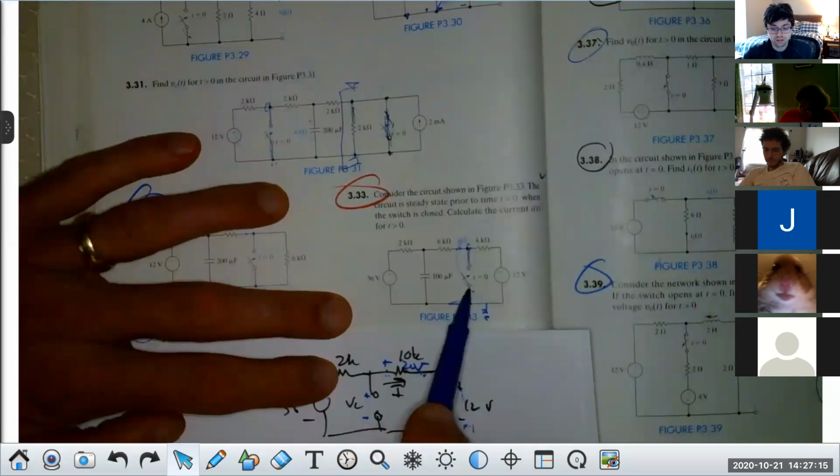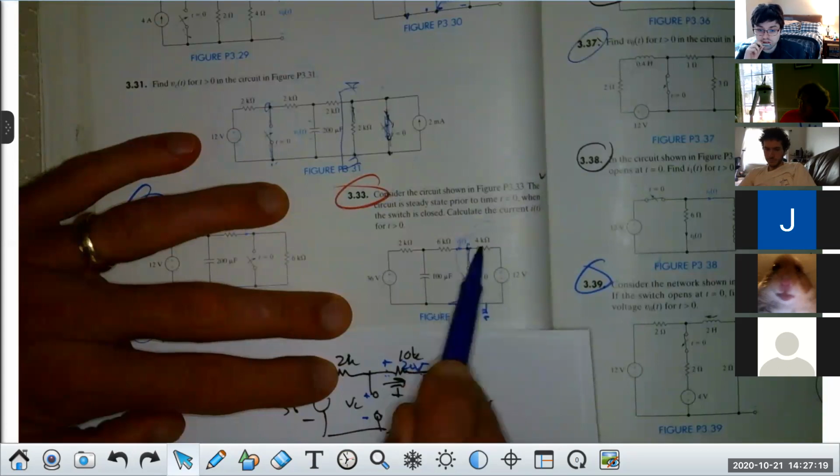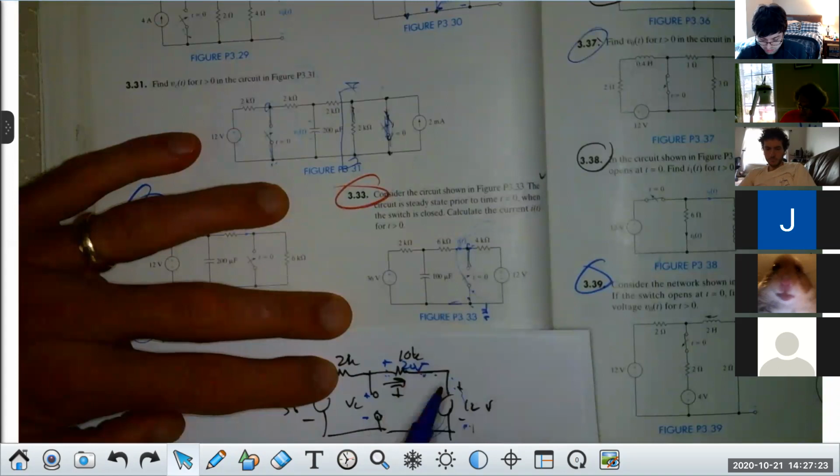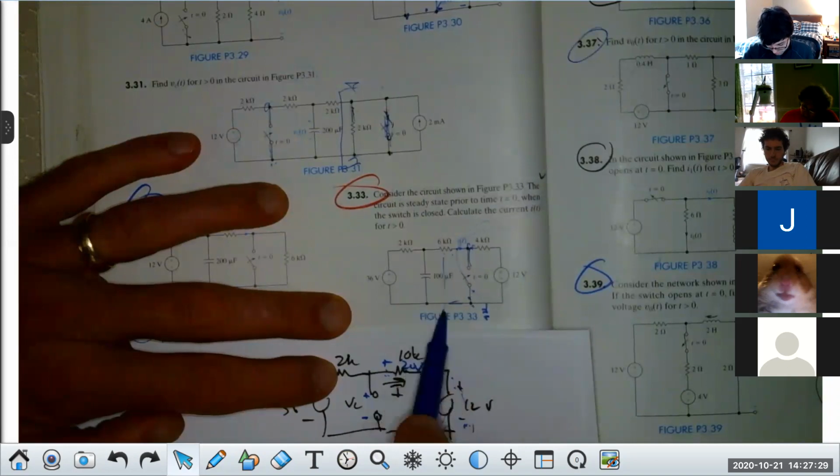Well, doesn't this part of the circuit get taken out? That's a short from here to here, right? Because that goes from here to here is a short. So I have 6K directly across that capacitor and 2K in series with it, right?